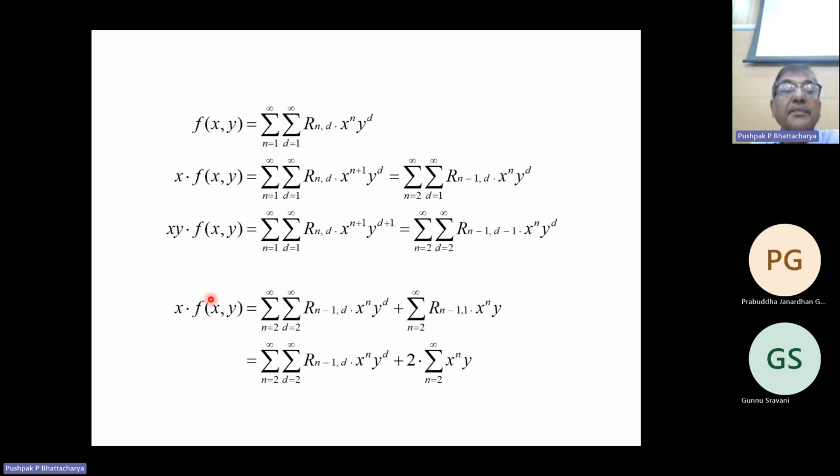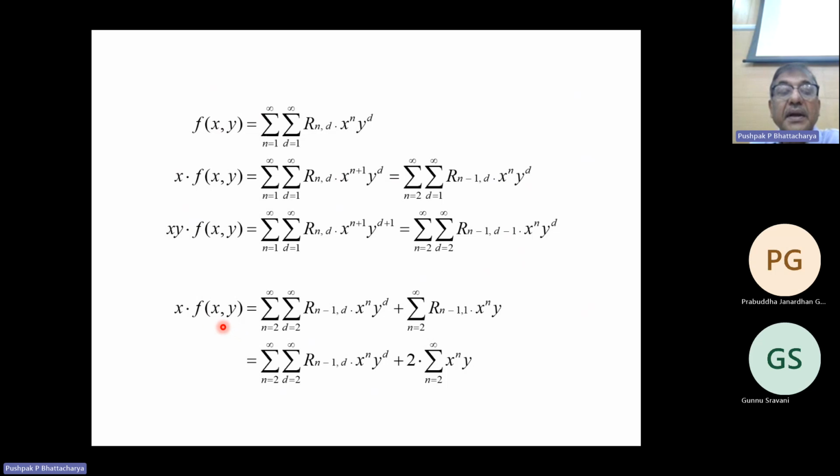Okay, and if we multiply f(x, y) by xy, then we get the sum over n from 1 to infinity and d from 1 to infinity of R(n, d) x to the power n plus 1, y to the power d plus 1. And that can be written as the sum over n from 2 to infinity and d from 2 to infinity of R(n-1, d-1) x to the power n y to the power d. Okay, so we are able to get R(n-1, d-1) also.